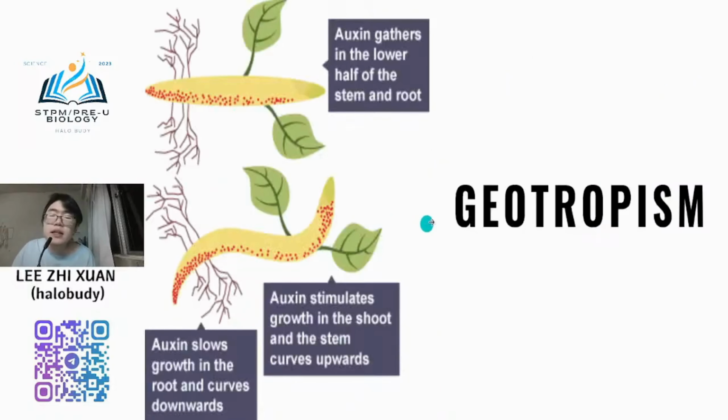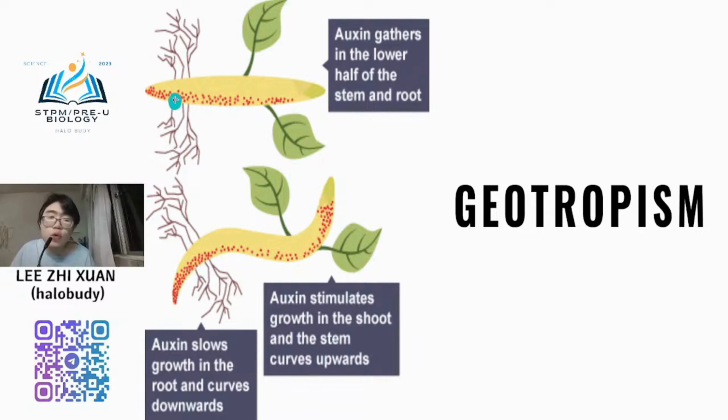Another one is geotropism. There are 2 types of geotropism, positive and negative. Geotropism is the response of the plant growth, through auxin, based on the gravity. You see here the auxin is accumulated in both shoot and root, right?